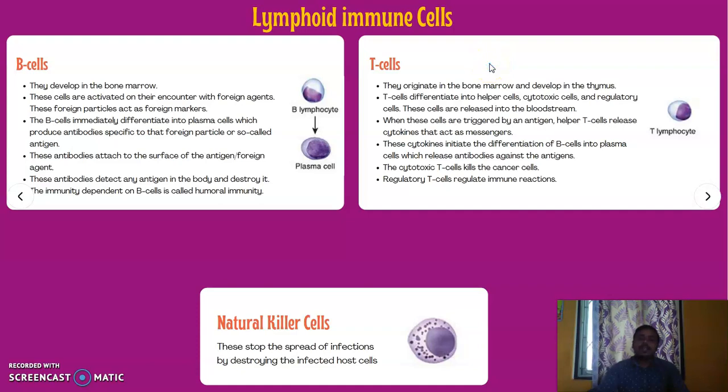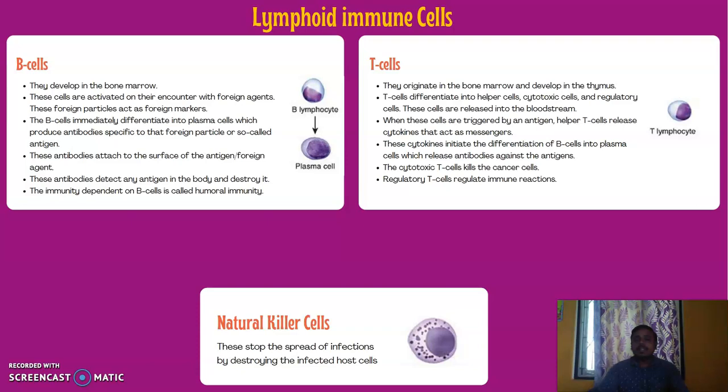What are T cells? They originate in the bone marrow and develop in the thymus. The T cells differentiate into helper T cells, cytotoxic T cells and regulatory T cells. These cells are then released into the bloodstream. When triggered by an antigen, the helper T cells release cytokines that act as messengers.